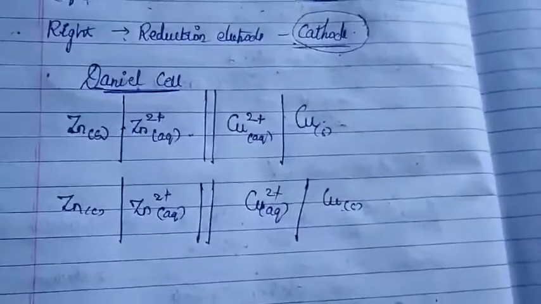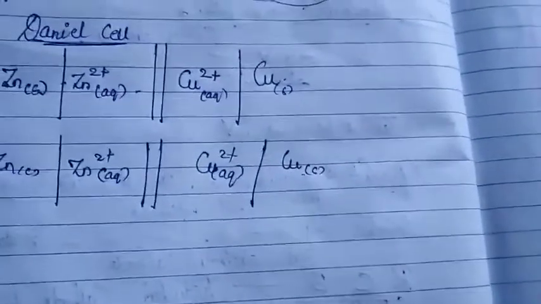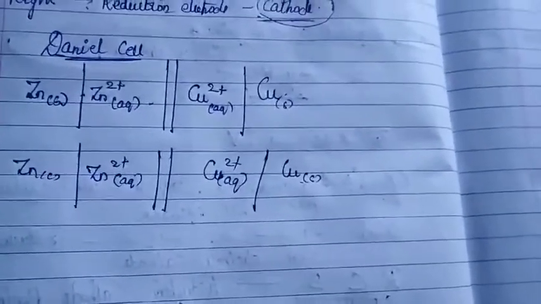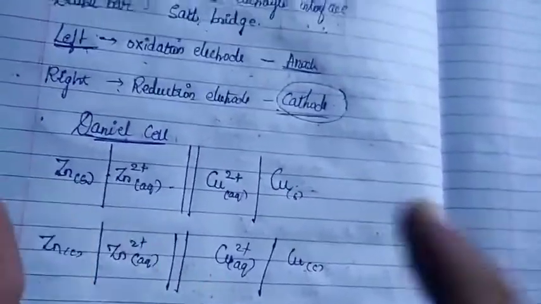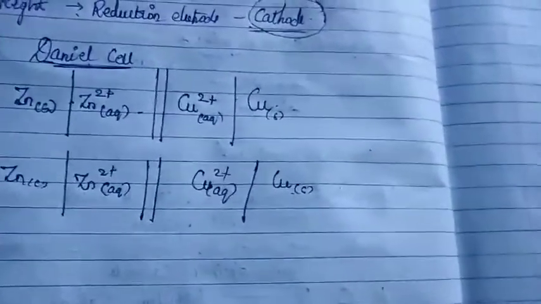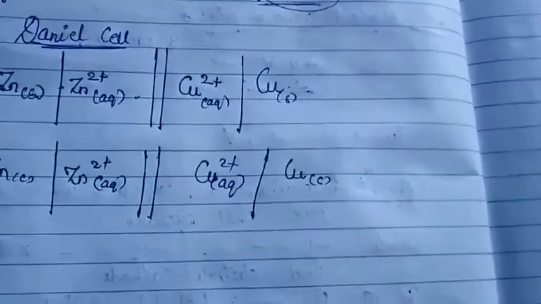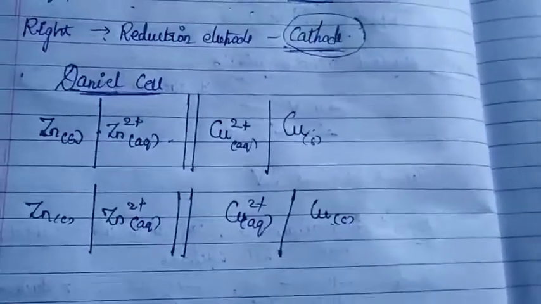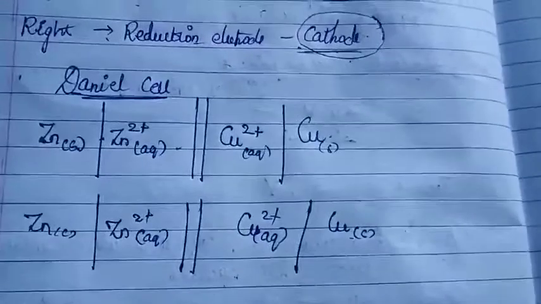Is that clear? Are you able to understand, guys? Very much important to know the symbolic representation, because many times they can ask you. So this was the one way of asking, because Daniel cell is common to everyone, so anyone can write it. But I would like to give you one question.